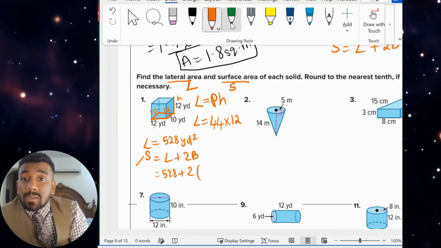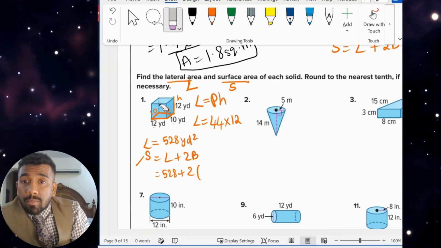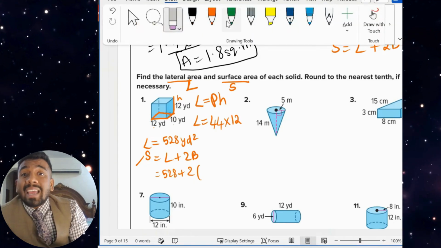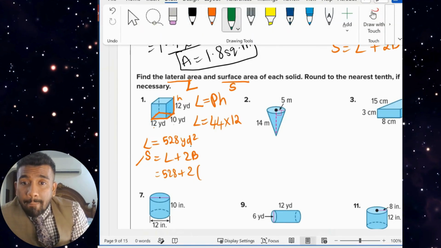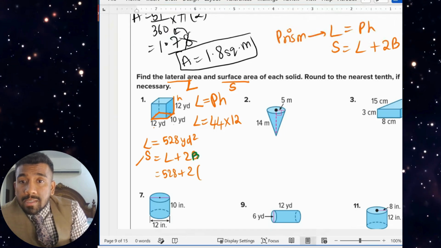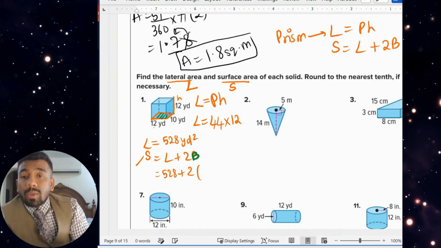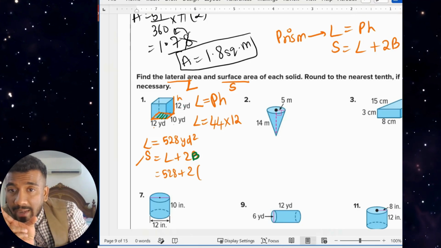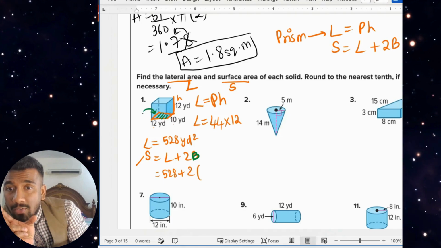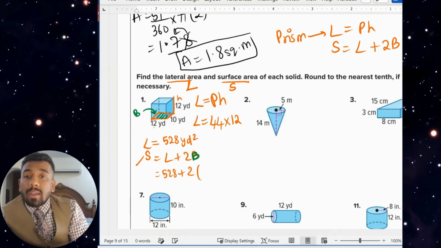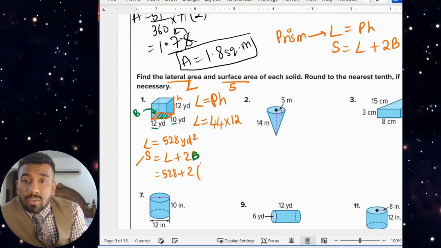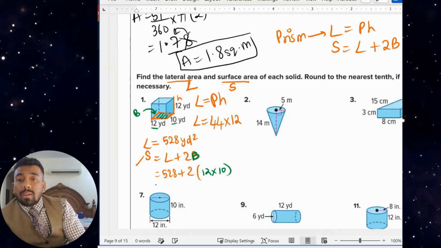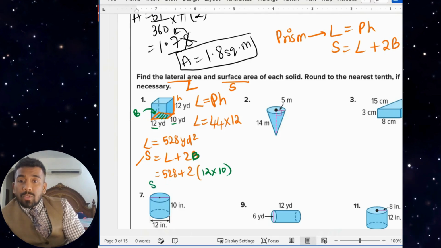B is the area of the base. First thing, find the base. What's the base? It's a square. Oh, sorry, it's a rectangle. How do you find the area of a rectangle? Length times breadth. That's 12 times 10. Put it all in the calculator and you will get S.